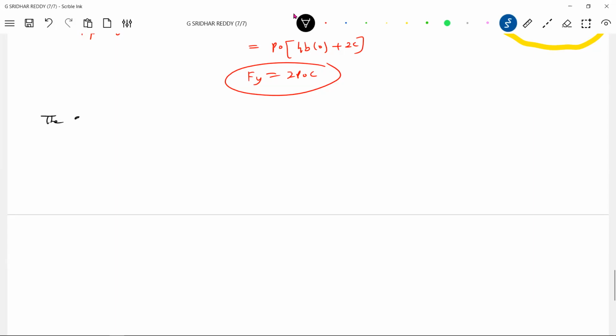Electric potential in a region is given by V of x equal to 4 plus 5x squared.